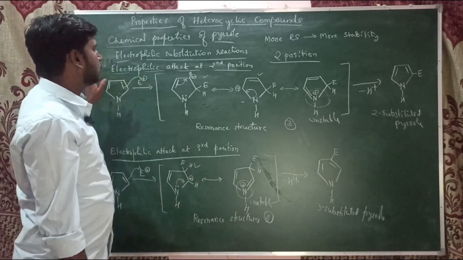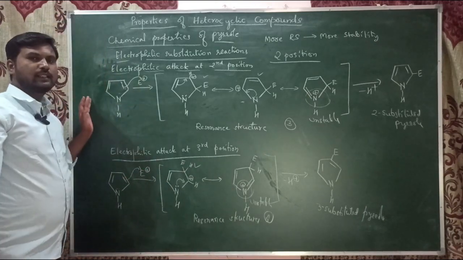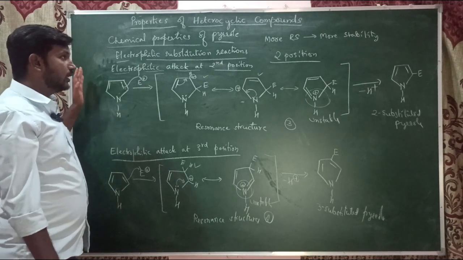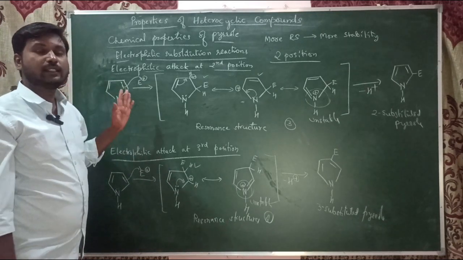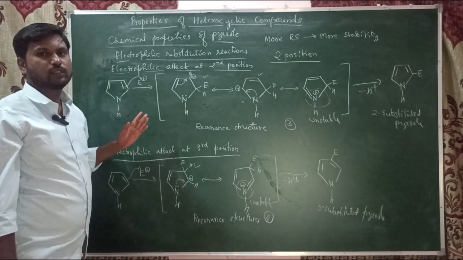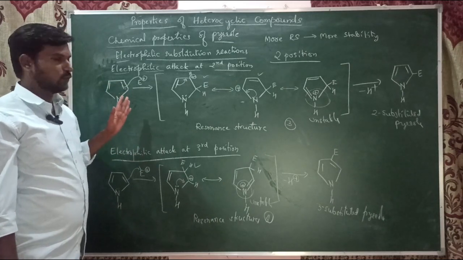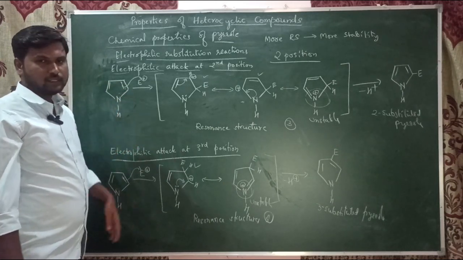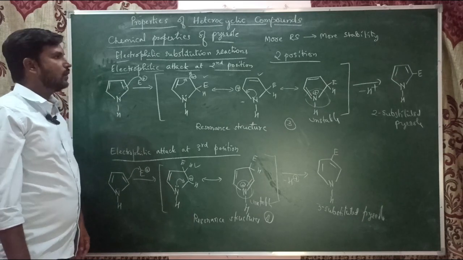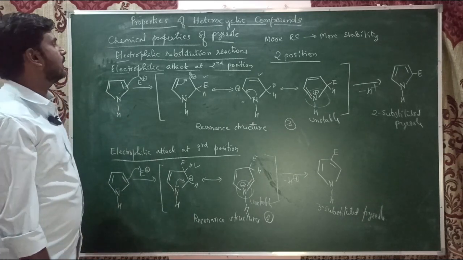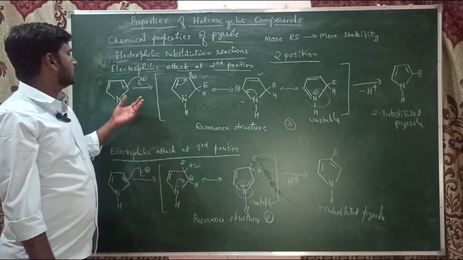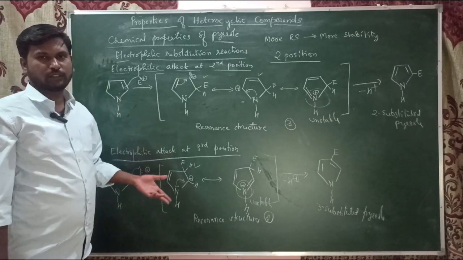So that's why usually the electrophilic attack or electrophilic substitution reactions in pyrrole take place at the second position. The second position gets more priority than the third position. Now let us see some examples of electrophilic substitutions, like nitration and halogenation.